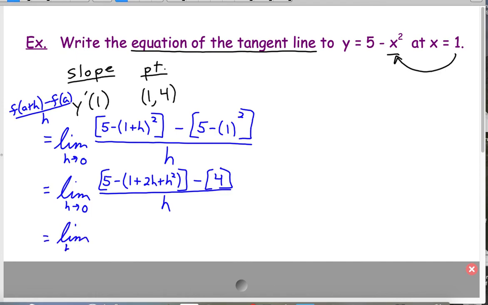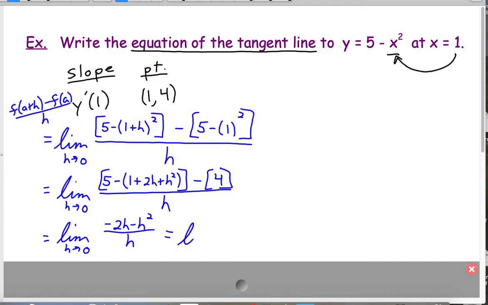So limit as h approaches 0. Now I can simplify the top, and I have a 5 minus 1 is 4, but that'll cancel with the minus 4 at the end. So I'm actually going to have a negative 2h minus h squared all over h. And then I can factor that. I'll keep going this way.